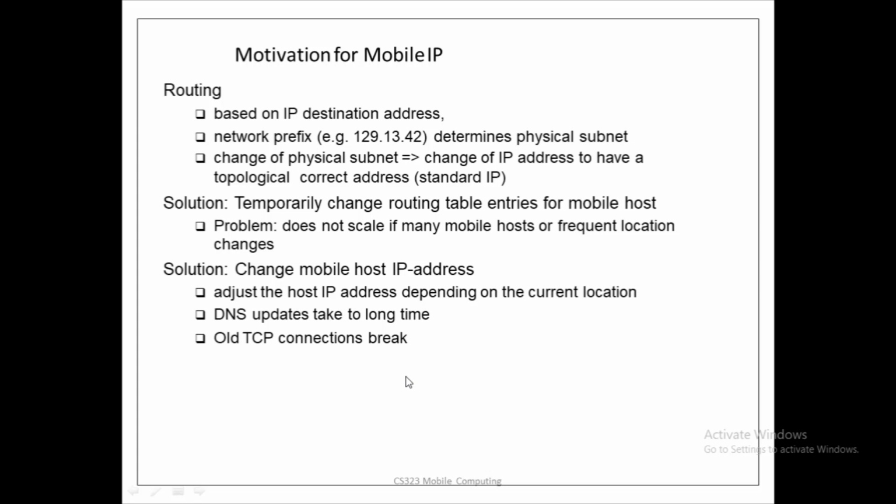So while theoretically it is possible to change the routing tables all over the world to create specific routes to the mobile node, this does not scale at all with the number of nodes in the internet.